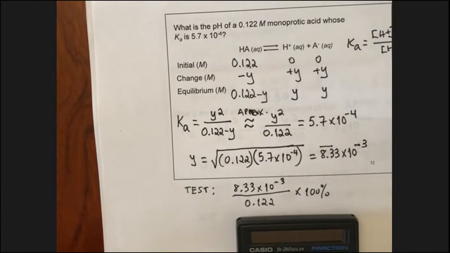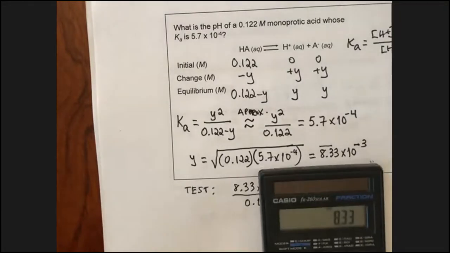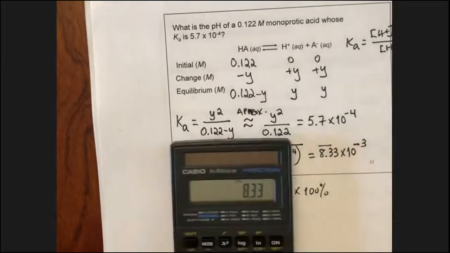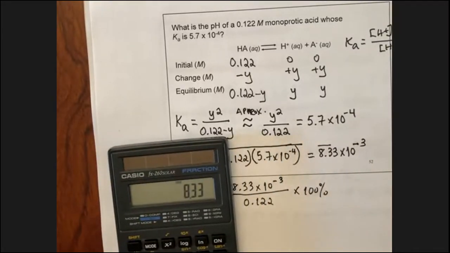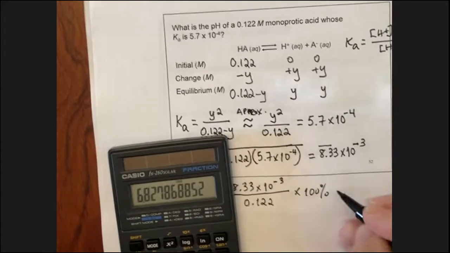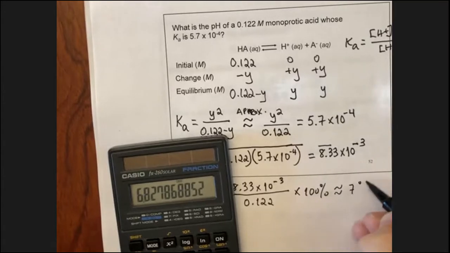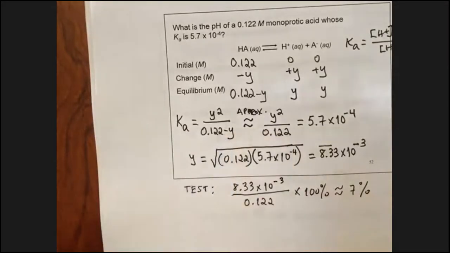And I mean, we can do that if you want. 8.33 times 10 to the minus 3 divided by 0.122 times 100. That's roughly about 7%, which means that we cannot use that approximation method. All right. So what that says is that we're going to have to go to the regular good old quadratic equation.